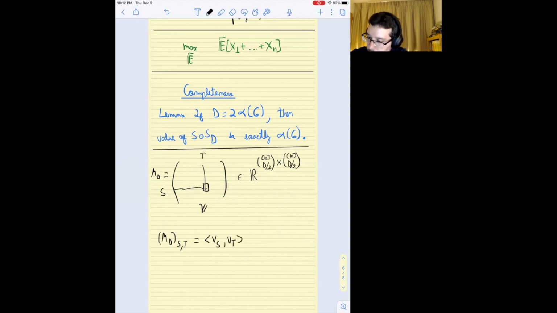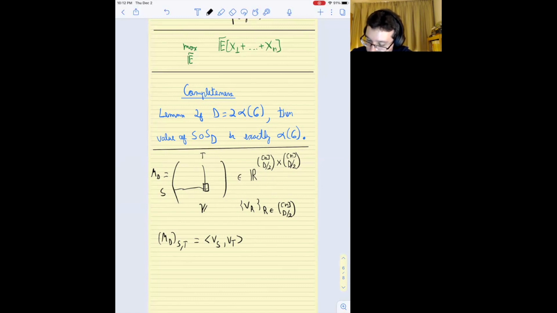So we know that there is a collection of vectors, v_R in R^n, for R belonging to n choose d over 2. It's a PSD matrix, so we know that there is a vectorization. Those are vectors, in a sufficiently large array, and you can express it in this way.